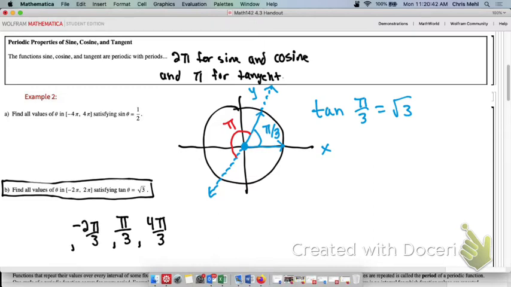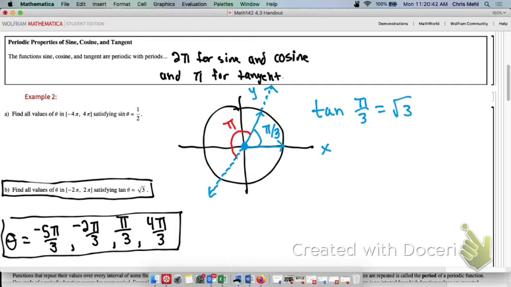And I believe you can subtract one more time. If you subtract pi from negative 2 pi over 3, you'll get minus 5 pi over 3. But if you subtract pi one more time, you'd be less than negative 2 pi. So there are your 4 angles between minus 2 pi and 2 pi so that tangent of theta is root 3.